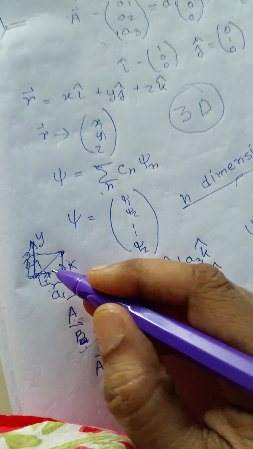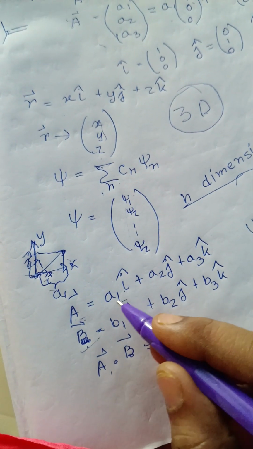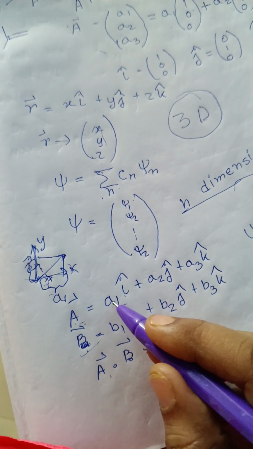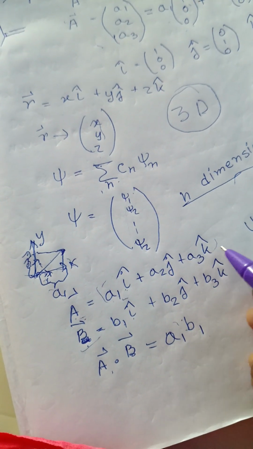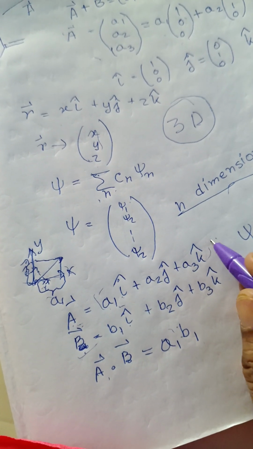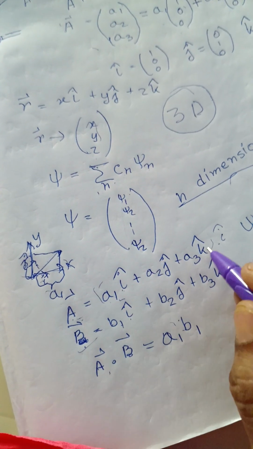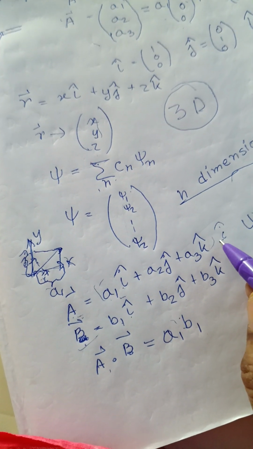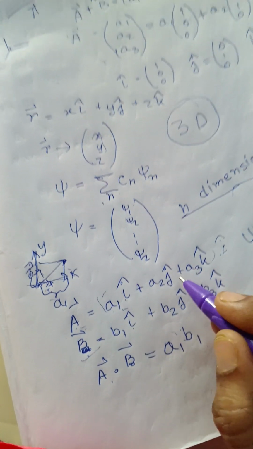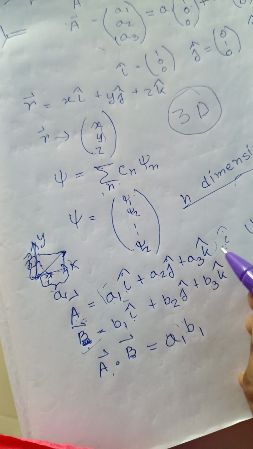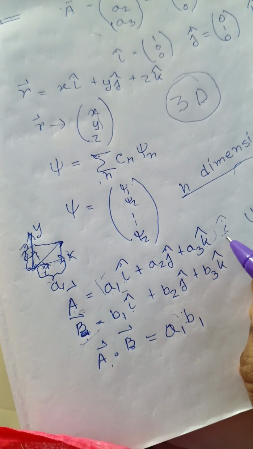So A vector dot i cap will generate A1 only. If you take the whole vector and consider the dot product with i cap, then i cap dot i cap will be 1, but j cap dot i cap will be 0 and k cap dot i cap will also be 0.